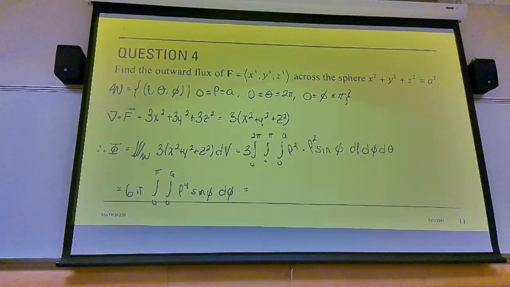What is that integral? It's one we've done a lot. Negative cosine. That's 1. It's 2. So there's the outward flux.